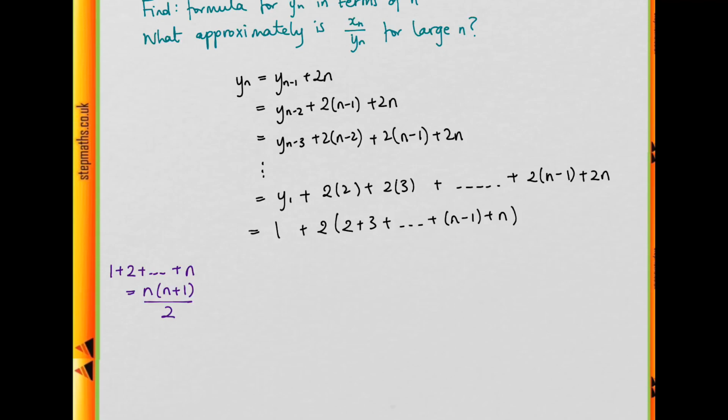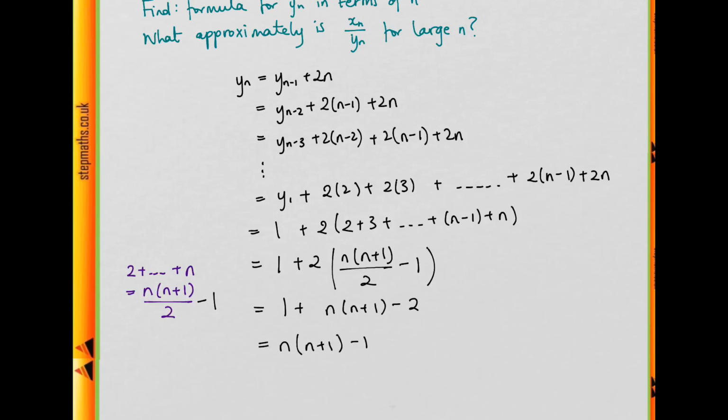Because we're only wanting the sum from 2 up to n instead of from 1 to n, we can get this from here by taking 1 off both sides. And so our formula becomes the sum of the integers from 2 to n is equal to n times (n plus 1) over 2, minus 1. So if I just use this in here, we'll have this. And if I simplify this, we see that yn is equal to n times (n plus 1) minus 1.